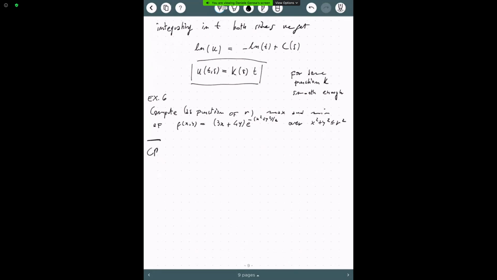So the critical points of this function are as usual found by solving this nonlinear system of equations. And if you do the math, you get that this is equal to 3 minus this minus 4x equal to 0, and then you have another exponential here, 4 minus this.